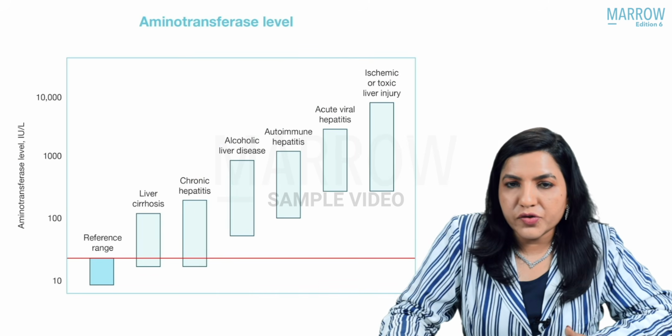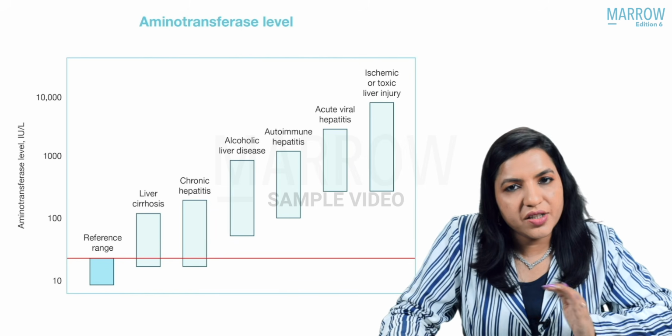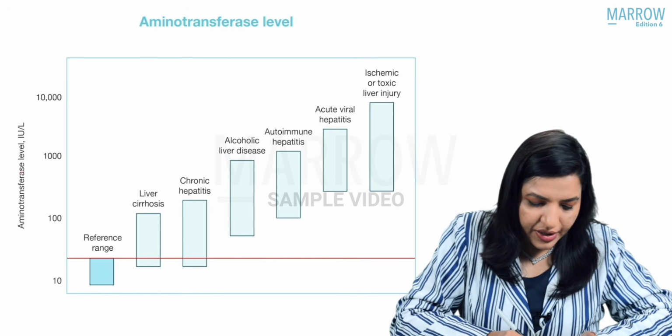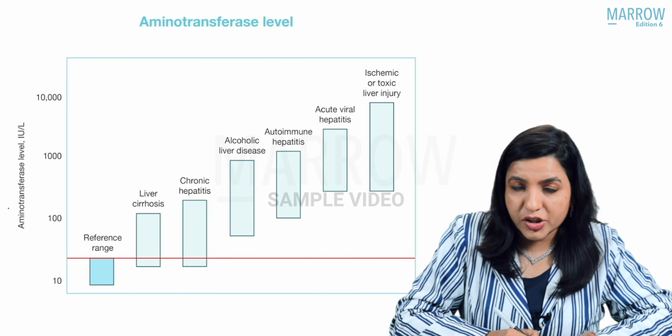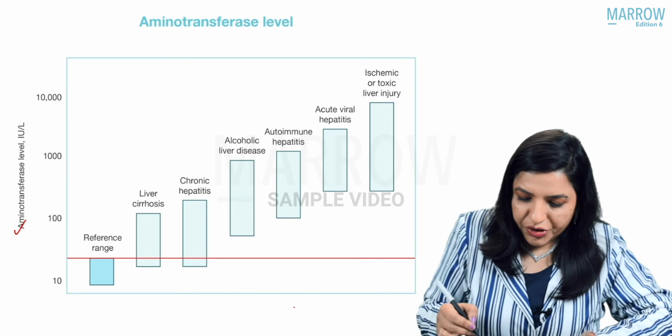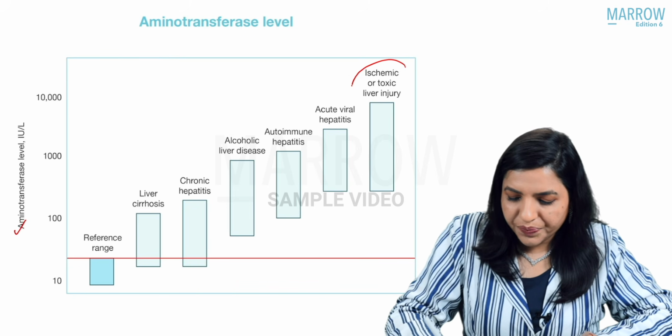Now this is a graph to explain the transaminase or aminotransferase levels in various disorders of the liver. You can see the total activity of the aminotransferases, and here you can see the ischemic or toxic injury to the liver.